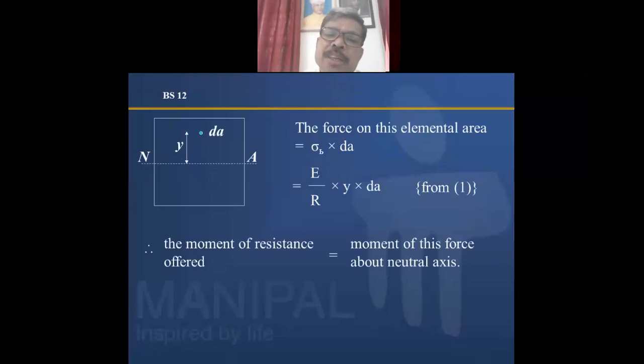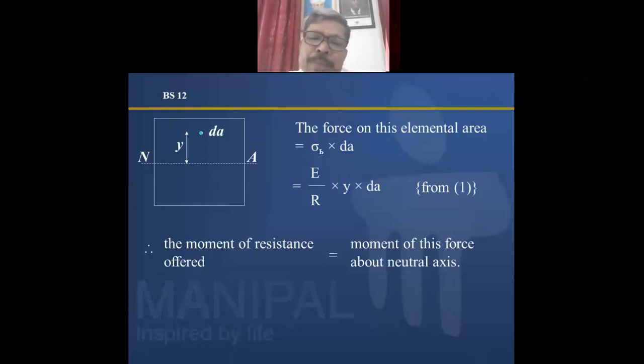So the moment of resistance offered is equal to the moment of this force about the neutral axis. Many times students get confused about the difference between moment of resistance and bending moment. Bending moment is developed due to actual loading and actual span of the beam.